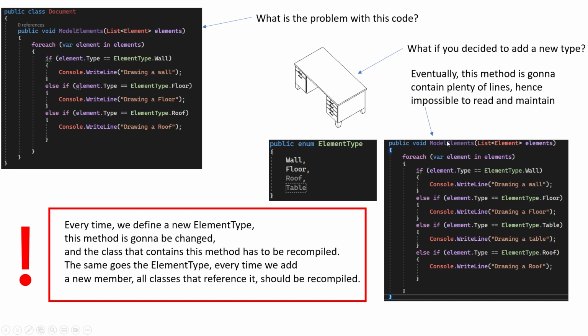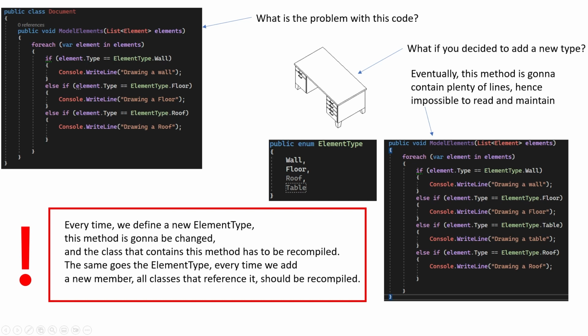So eventually, this method is going to contain plenty of lines, hence impossible to read and maintain. Because what is vitally important for us, what is really crucial, is that we can maintain that code. Because changes are inevitable. People want to add something new, and people want to modify something that you've already written. So this is the main problem.